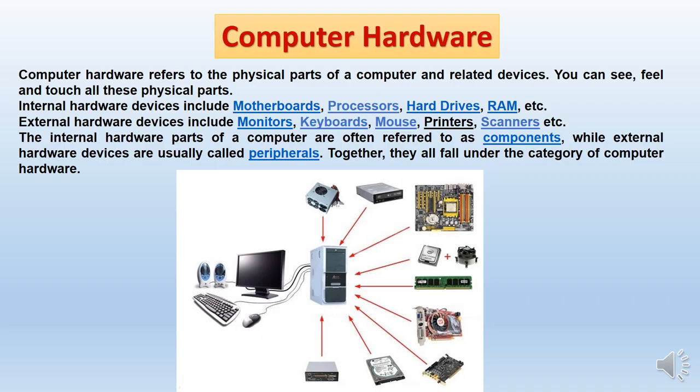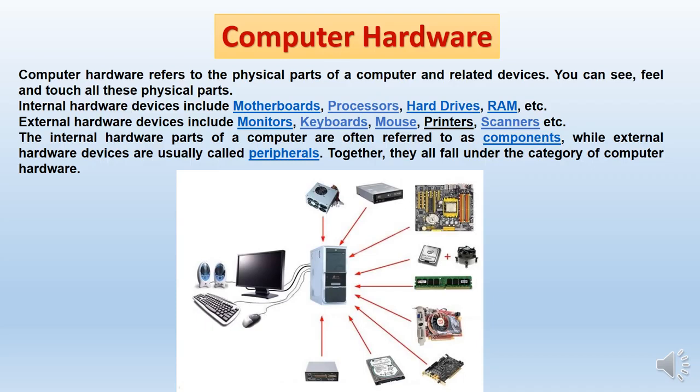Now internal hardware devices are those assembled inside the CPU box, and external ones are outside the CPU box. I hope you understood. The monitor is not assembled inside the CPU box, it is outside the CPU box. But RAM, the processor, the motherboard, all these things are assembled inside the CPU box.